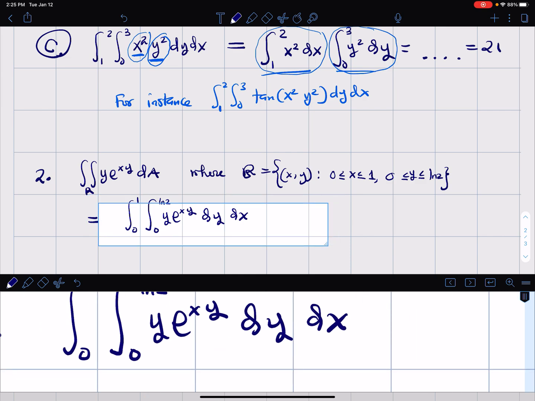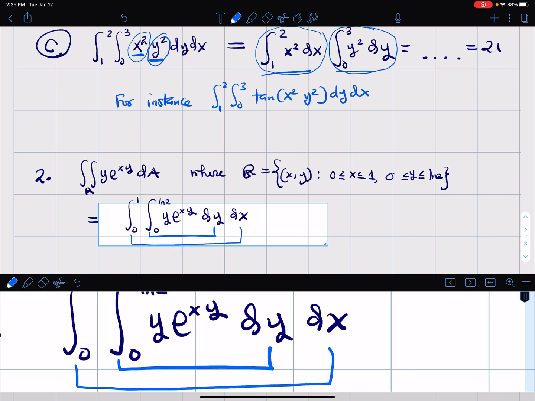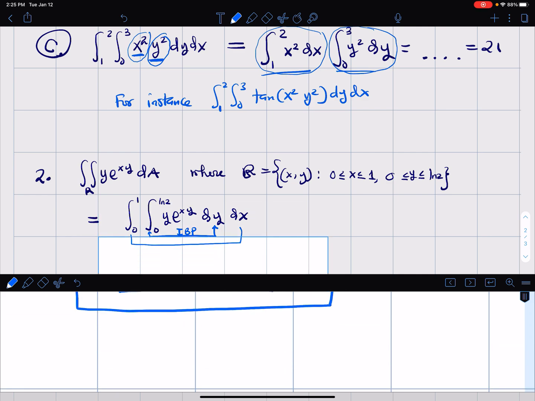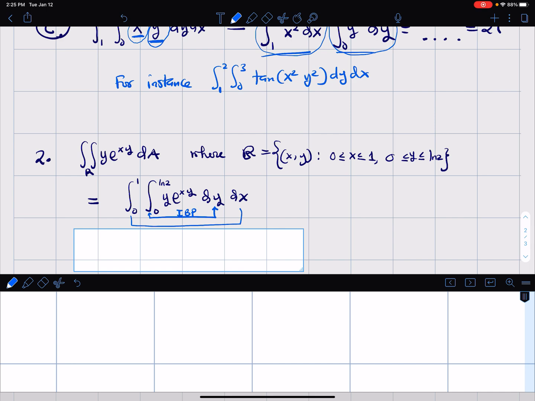We could do this first, and then do this later on. But realize what we're dealing with if we go this route. We're going to be doing integration by parts, which is fine. There's nothing wrong with integration by parts. But if we can avoid it, why not avoid it? So let's see if we can avoid it.